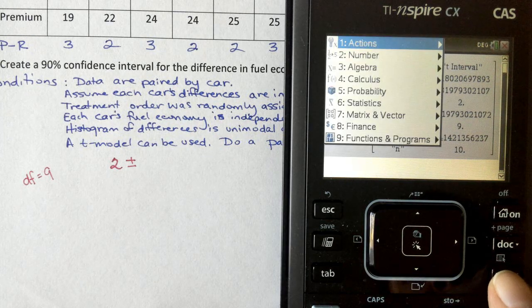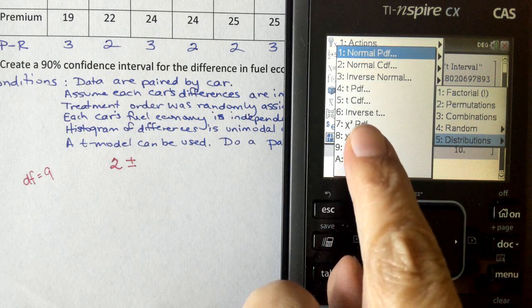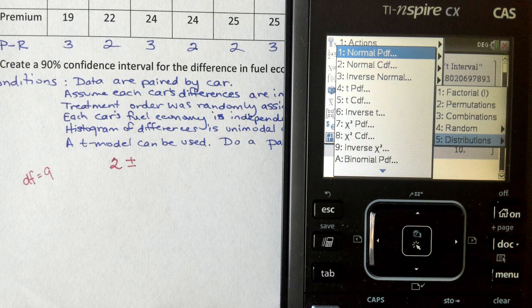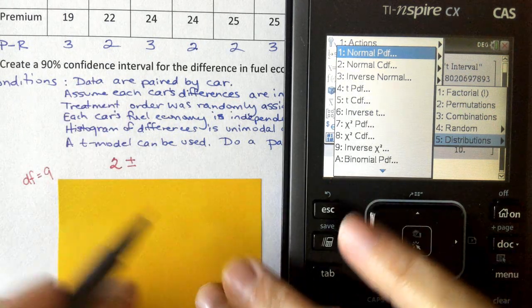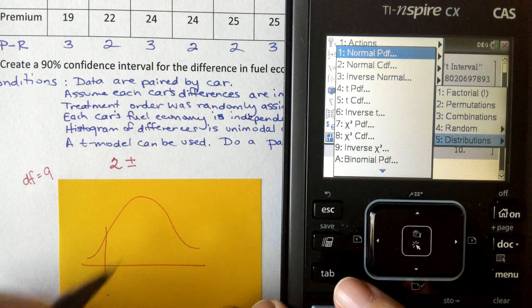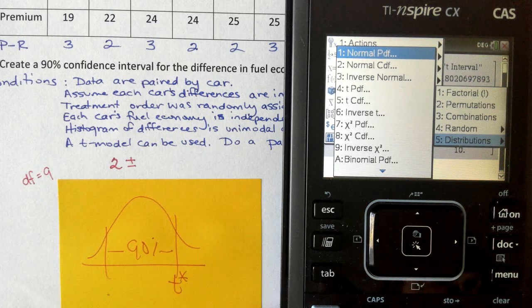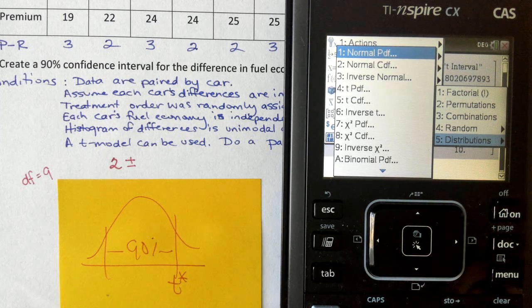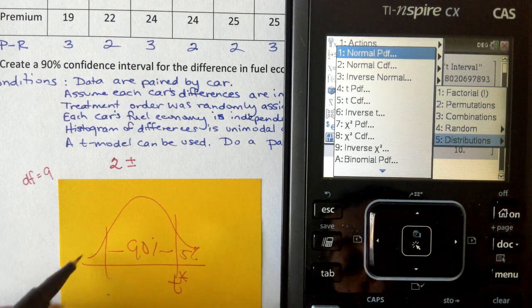And I'm going to find my T star in a separate step. So menu, probability or statistics, distributions is number 5. I need the inverse T command. So a little work off to the side in case we've gotten rusty on this one. Let me actually just throw on a sticky note. If we want to be 90% confident and we need the upper T-score for that region, then we need 5% in the upper tail, 5% in the lower tail.